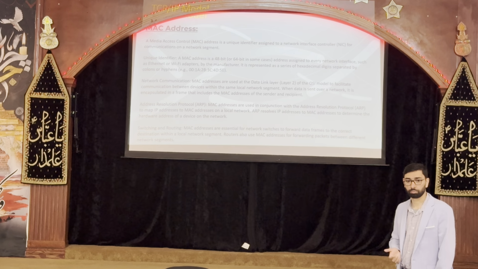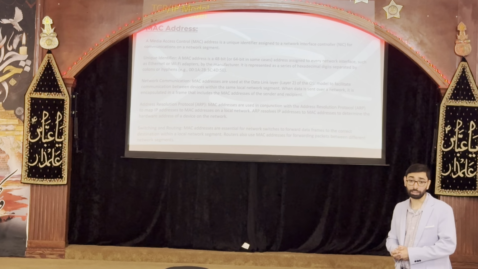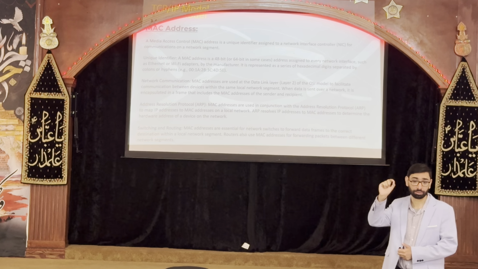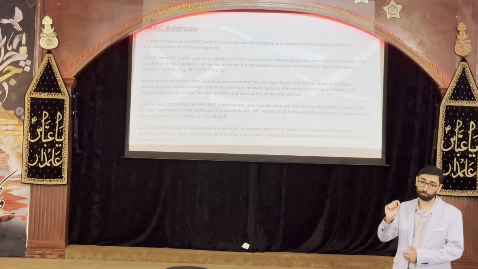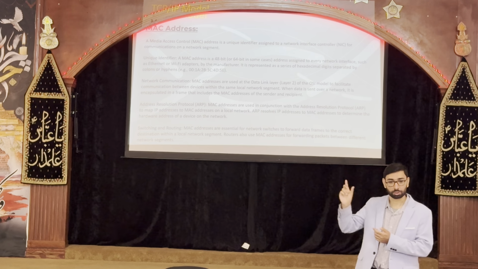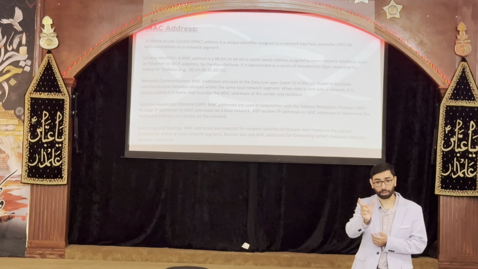How can we generate millions or billions of addresses with only 16 characters? There's a science behind it. If you calculate 2 raised to power 48, consider 2 raised to power 7, if you remember, what was the maximum number? 255.